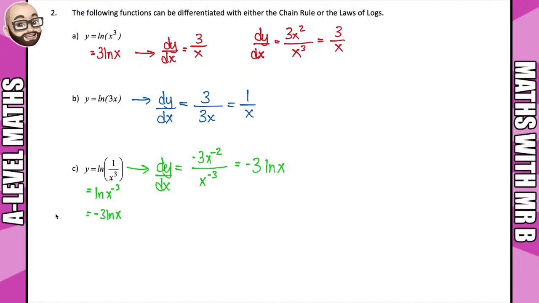I've done that last one wrong, I apologise. Let me just rewrite that. I was looking at it thinking that looks weird. I cancelled that out wrong. It's going to be minus 3 over x. That looks much better.